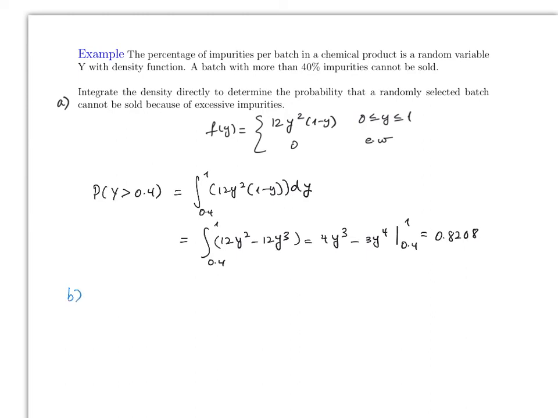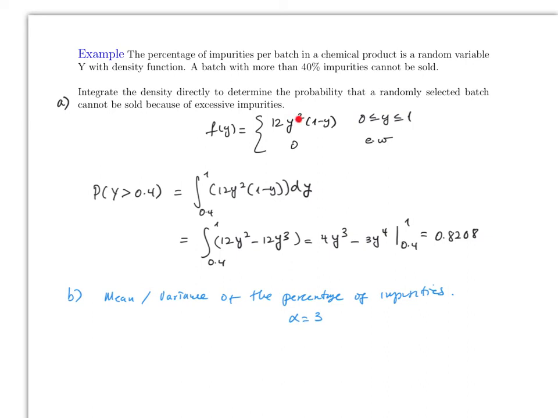So for part B, let's say you want to find the mean and also variance of the percentage of impurities. So how do we do that? As I mentioned earlier, you can see that the value for alpha clearly is 3.